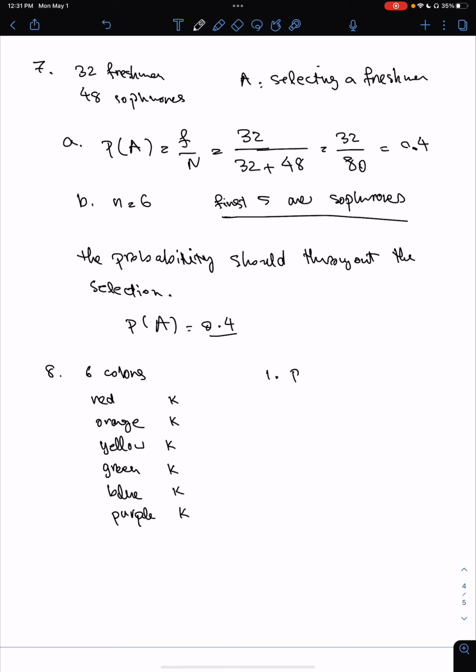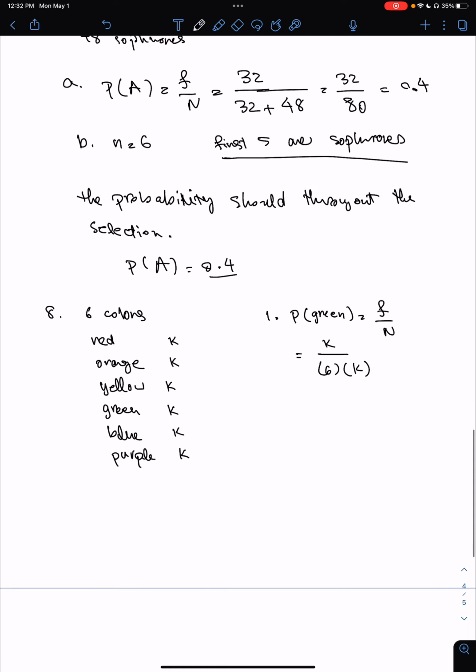P of green is equal to F divided by N. We know that F for green is K, and N is 6 times K, because we have 6 colors, each of them with K candies, which will be 1 over 6.